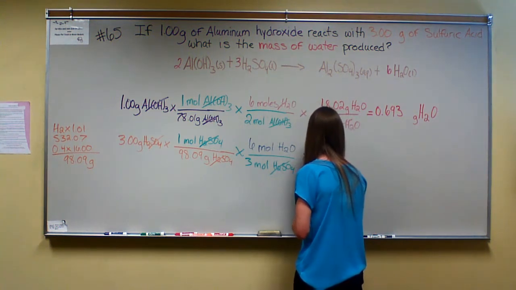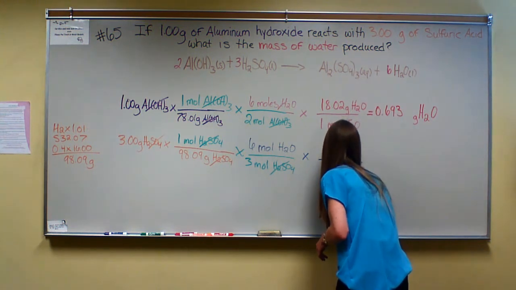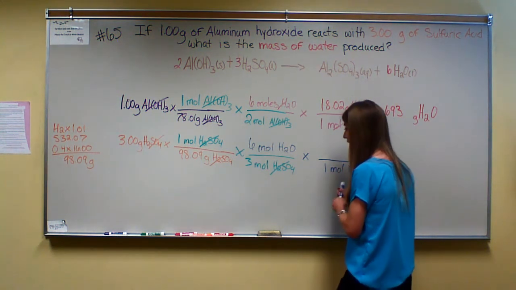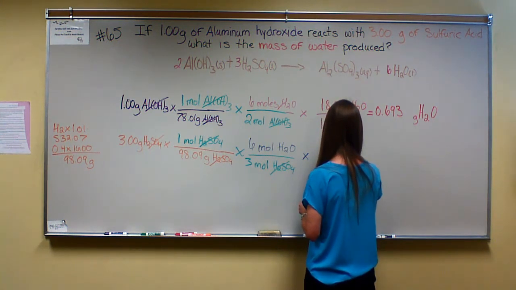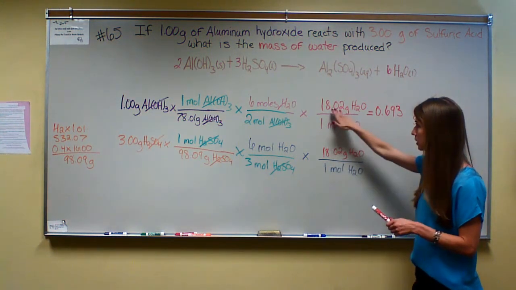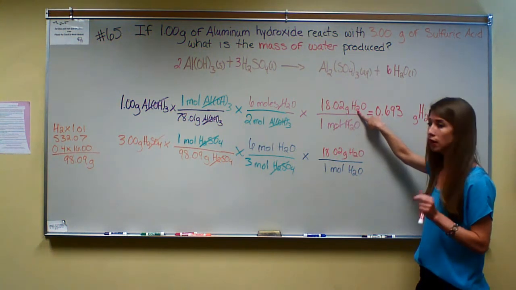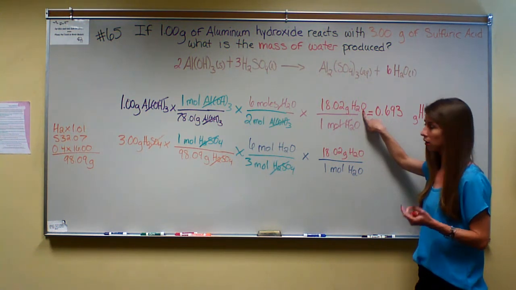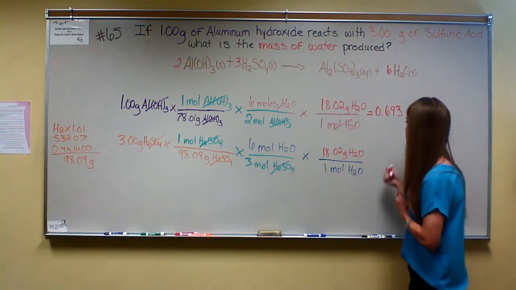We have to figure out the molar mass so that we're left with just grams. So 1 mole of water, H2O, the molar mass is 18.02 grams of water. Again, we got this number, same as this number, by multiplying 2 hydrogen at 1.01 plus 1 oxygen at 16, which gives us 18.02 grams.